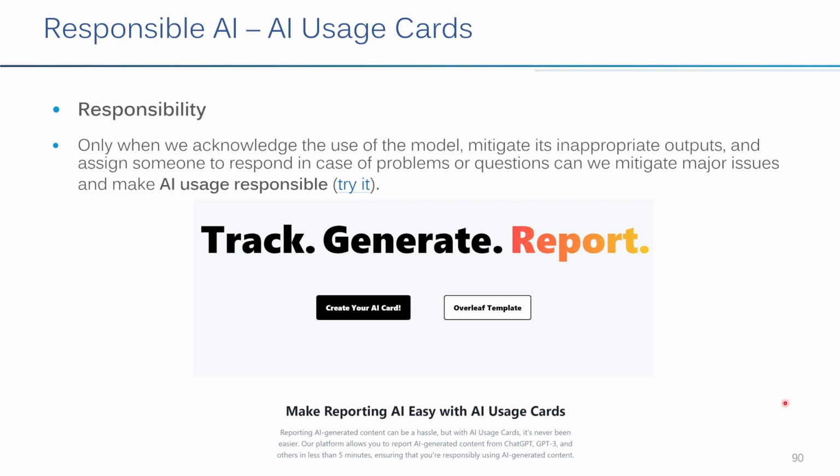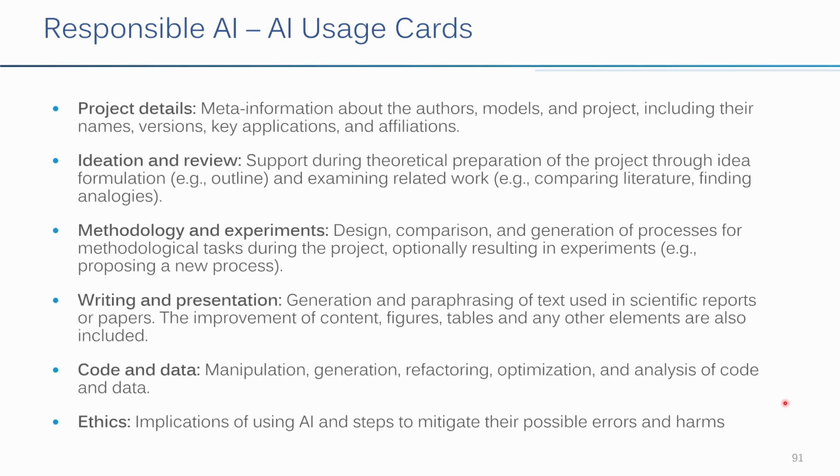And how this model was designed, as we were saying in the beginning when we presented it, the AI usage cards were inspired by the scientific process, in a way that we took the scientific methodology pipeline, which we thought is a good basis for us to track where things took place initially. So we have information about the project details, as in any other alternatives that we just explained.